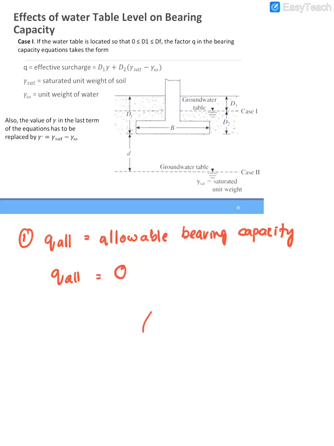One is Q over B squared, where B is the width of the foundation, and capital Q is the gross allowable load.